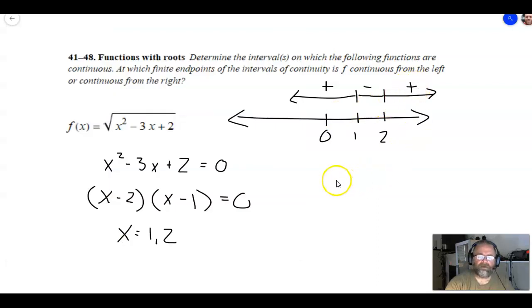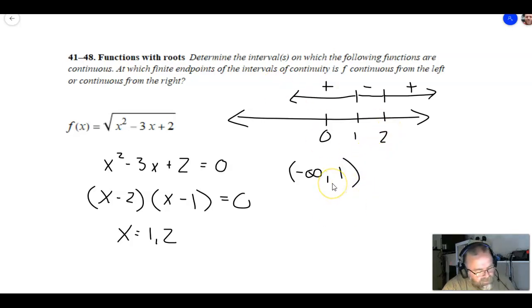All right, so what does this mean? This means that this function will be continuous using any endpoints from negative infinity down to positive 1. And let me just double check here. Just want to see how we write that.